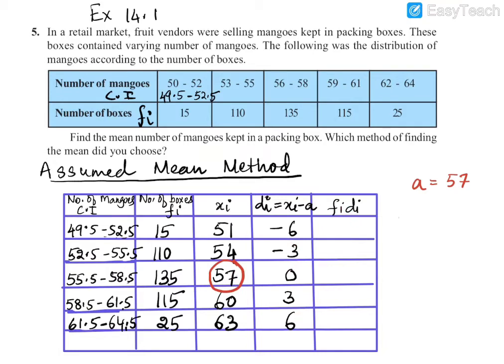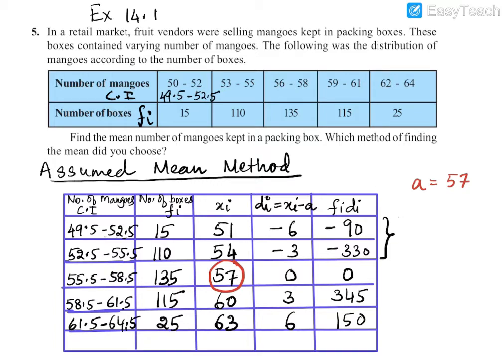Now we can find the product fi into di. So 15 into minus 6 will be minus 90. 110 into minus 3 will be minus 330. 135 into 0 is 0. 115 into 3 is 345, and 25 into 6 is 150.